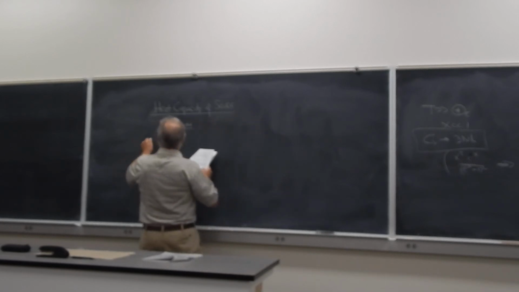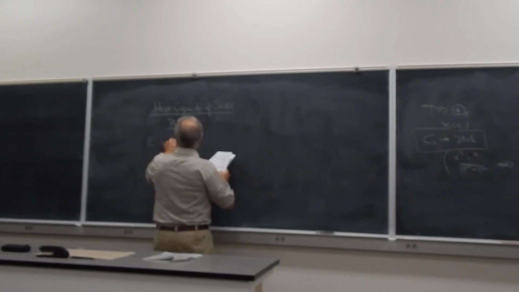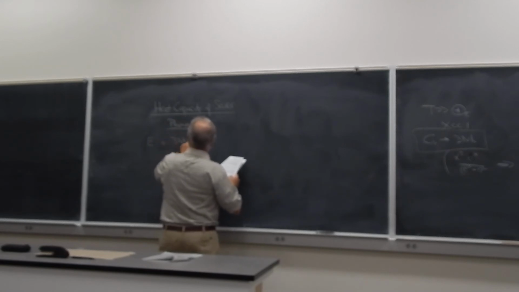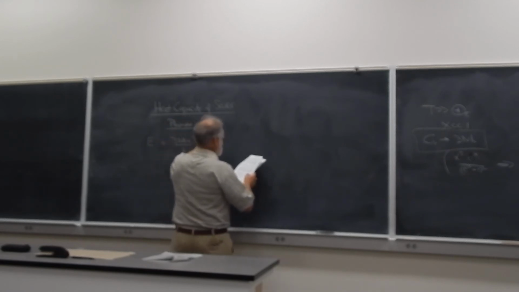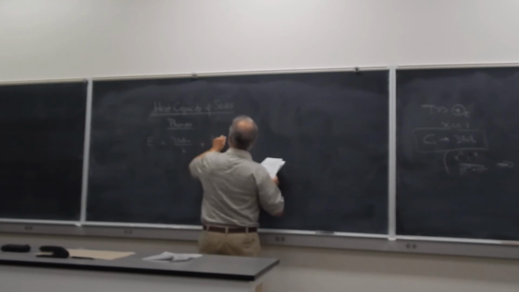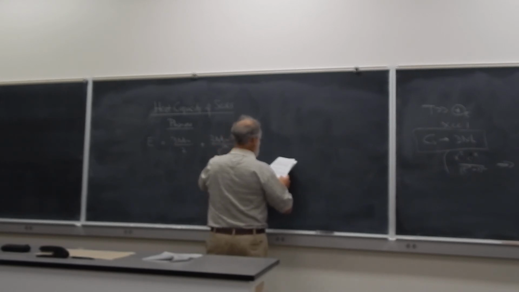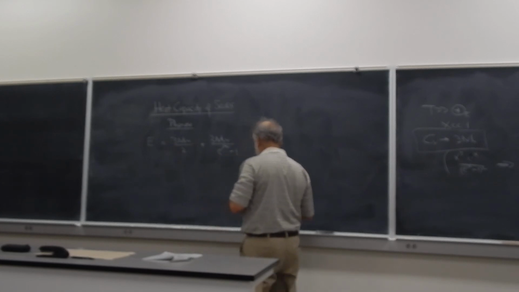So when I examine the energy of lattice vibrations, I have an expression for a system with 3N oscillators that looks like this.